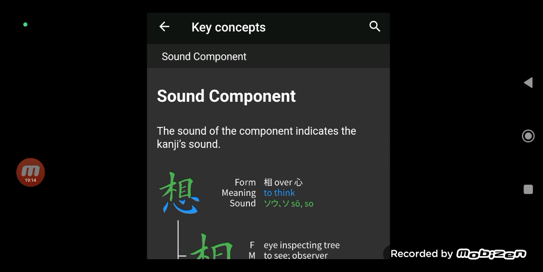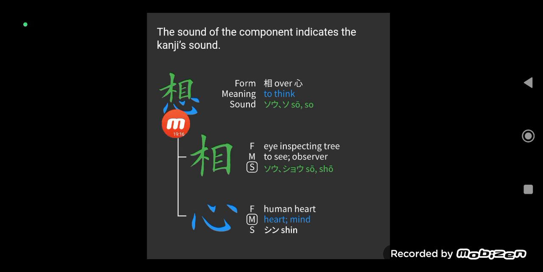Just like here, this is the subject kanji. The onyomi for this is so and so. So what is the sound component here? There's an FMS here, but among the FMS, the S is enclosed, meaning this green character is a sound component.